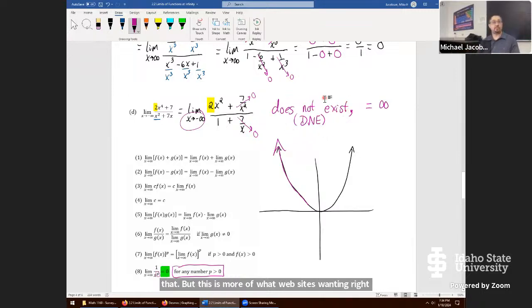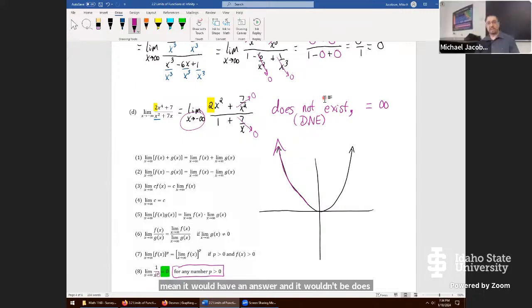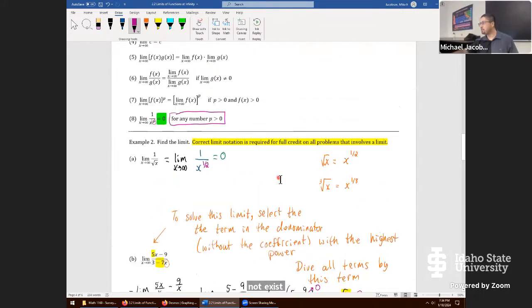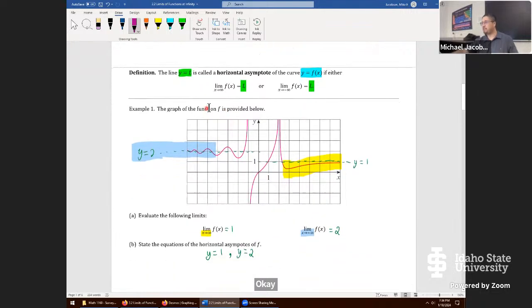Well, any questions at all, folks, on concluding part B? I have a quick one. Yeah, go ahead. So, if this equation did have an asymptote, would that mean it would have an answer and it wouldn't be does not exist? Absolutely right. That's this little weird theorem right here. It seems kind of innocuous at first, but it's exactly like you're saying.